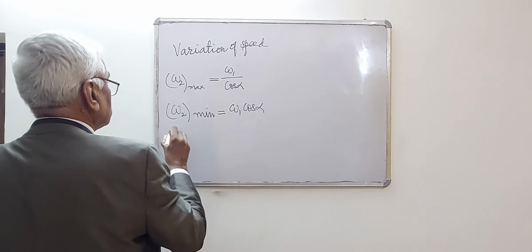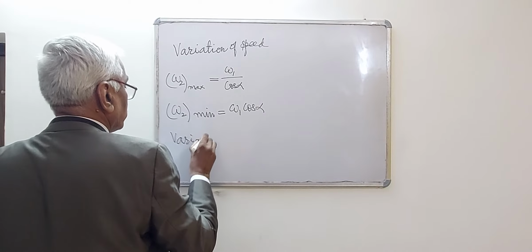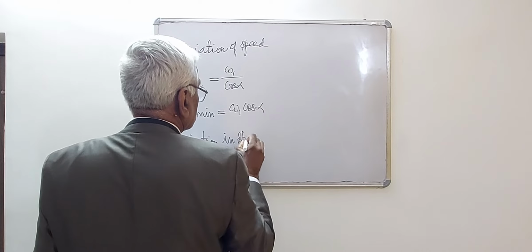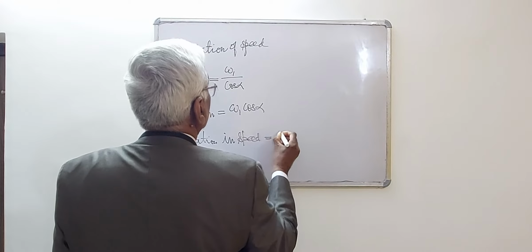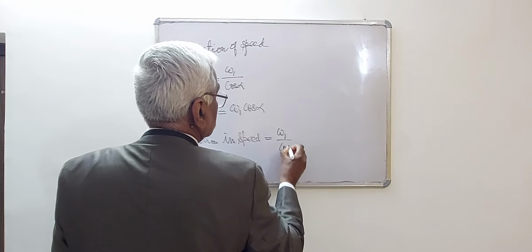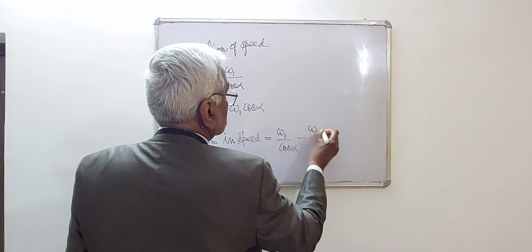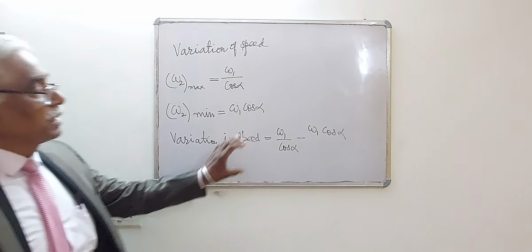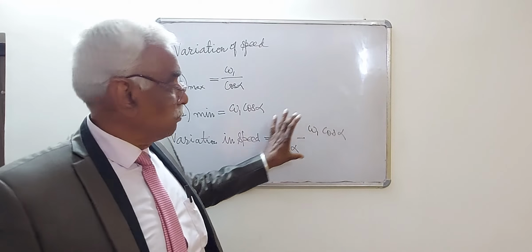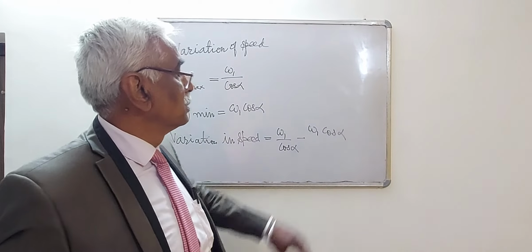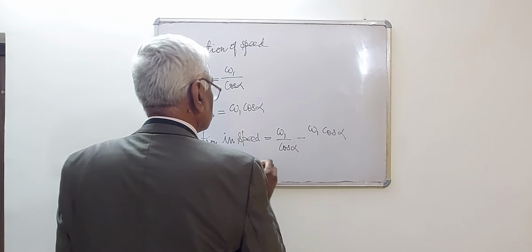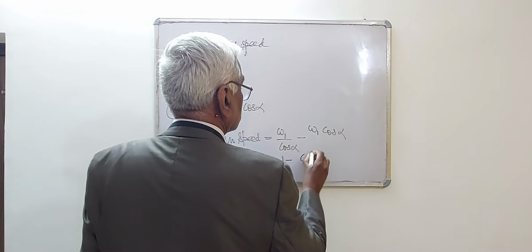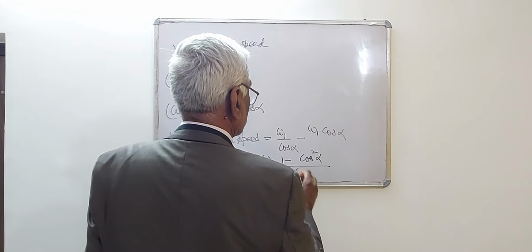The maximum variation in speed is given by omega 1 by cos alpha minus omega 1 cos alpha. The variation in speed is the maximum speed minus the minimum speed of the driven shaft. So it can be written as omega 1 times (1 minus cos square alpha) divided by cos alpha.